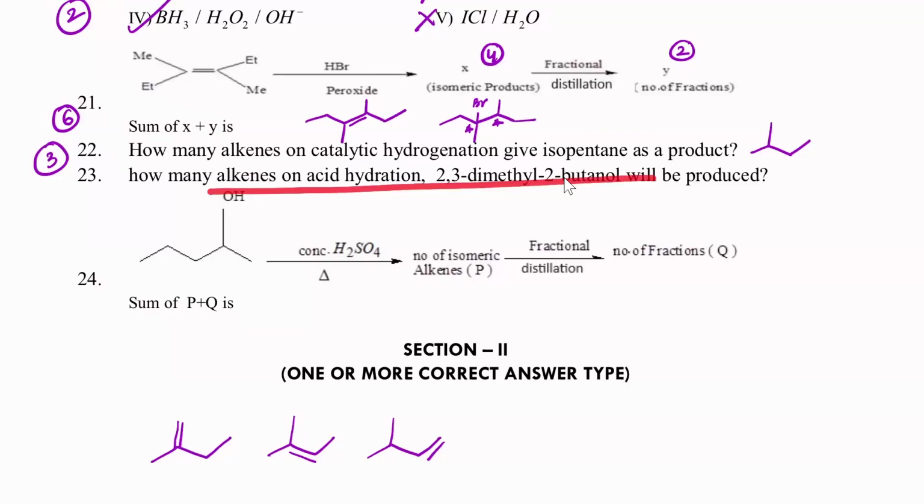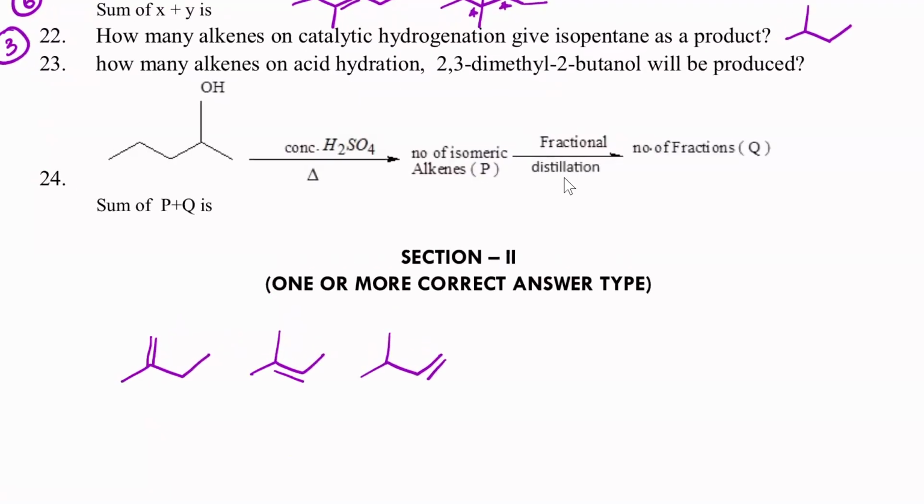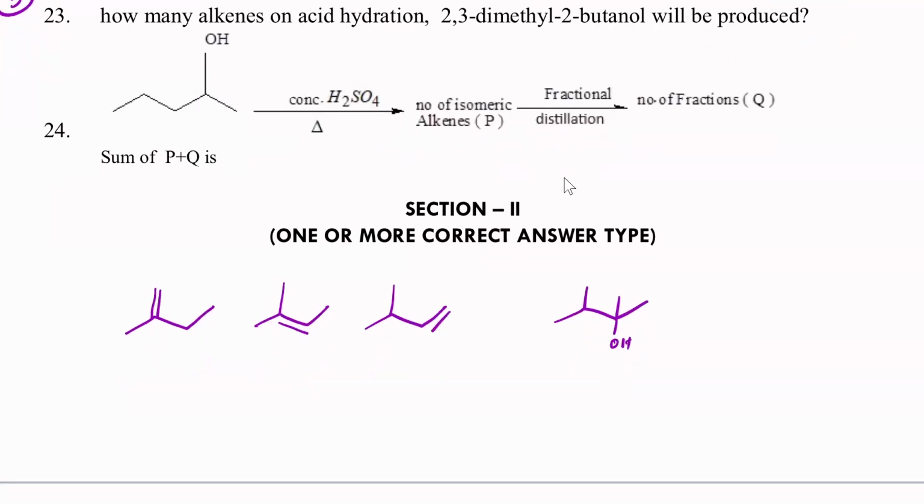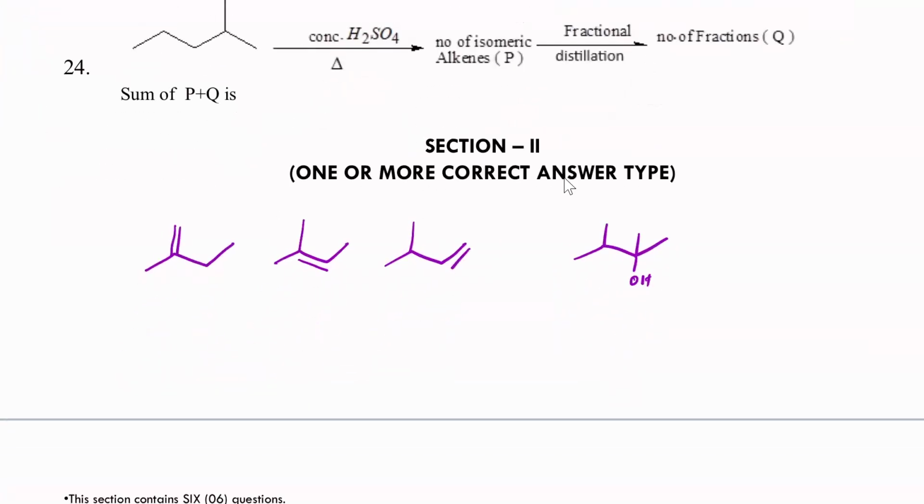How many alkenes on acid hydration will produce 2,3-dimethyl-2-butanol? How many alkenes on acid hydration produce butanol like this, with OH on 2 and methyls on 2 and 3? This is what is to be produced here. So now let me put a double bond so that we can get this product. Where all can I put this double bond?